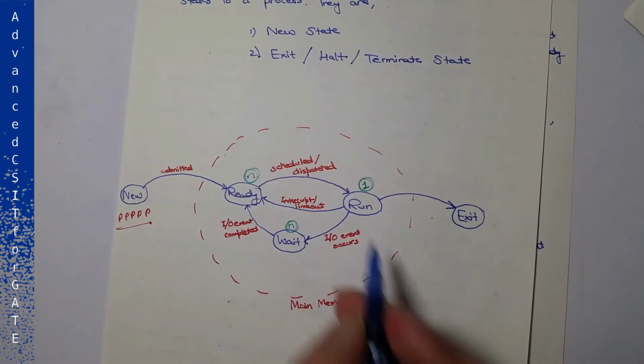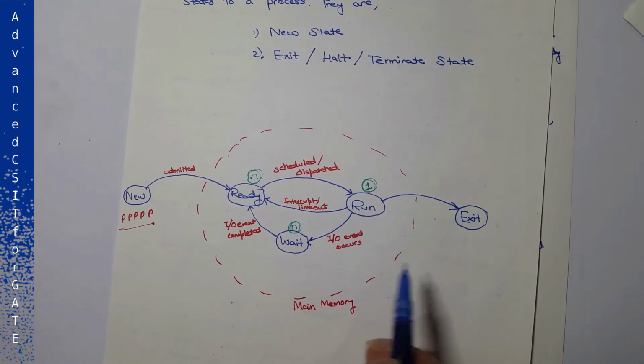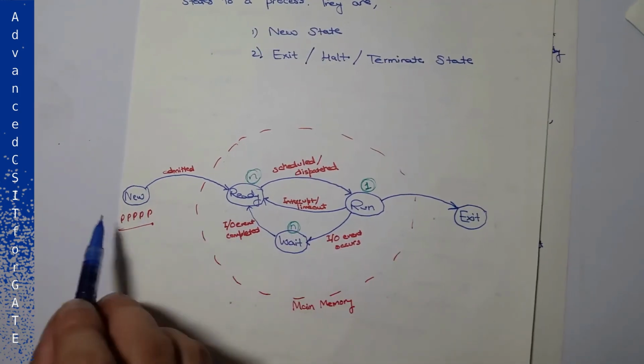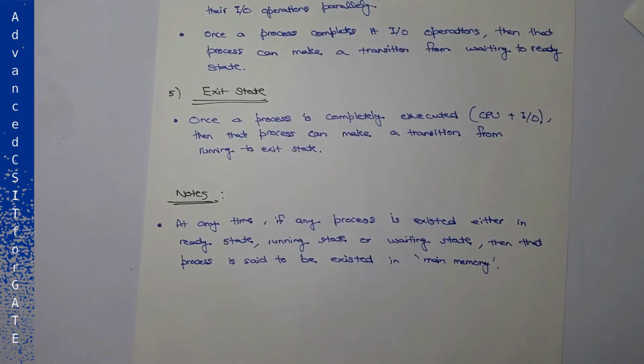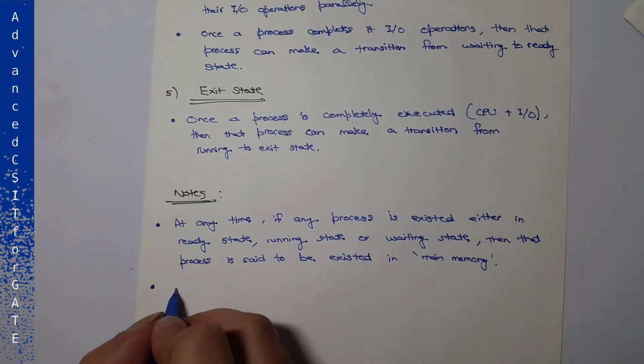where this circle represents the main memory. So these ready state, waiting state and running state, these are stored in the main memory, whereas new state and exit state, these are in secondary memory. And there's one more important point.